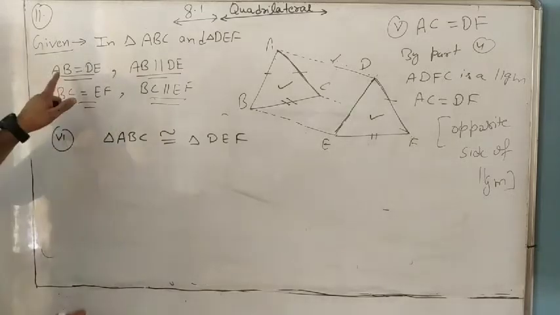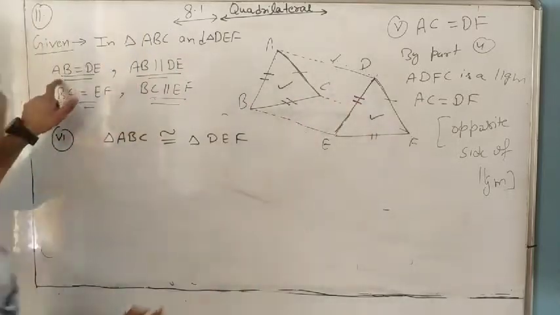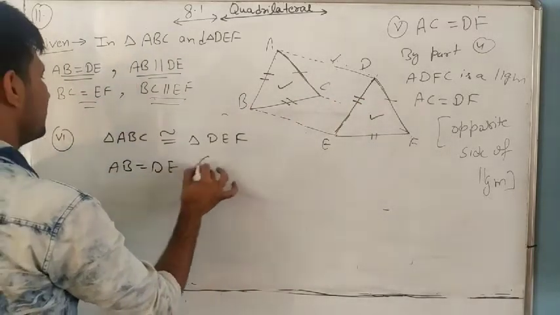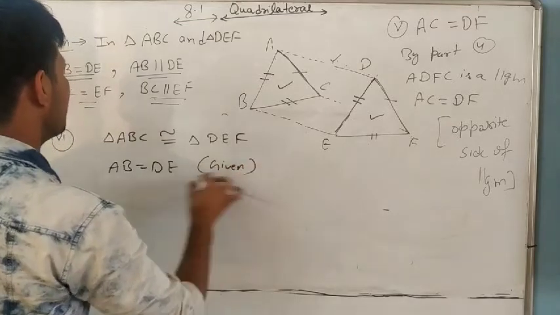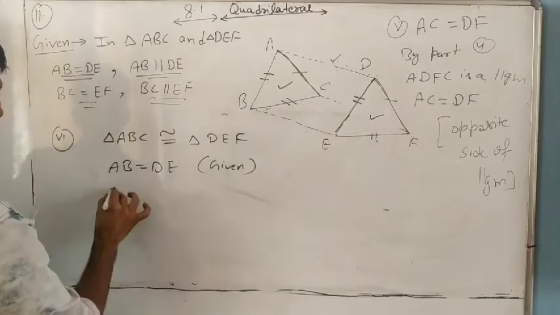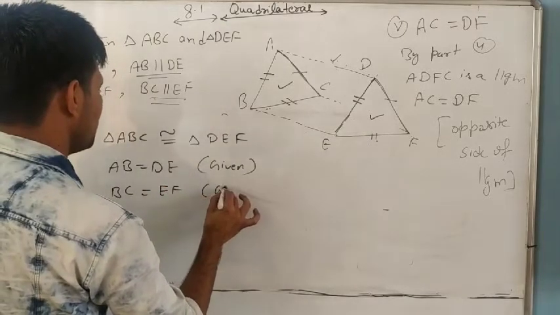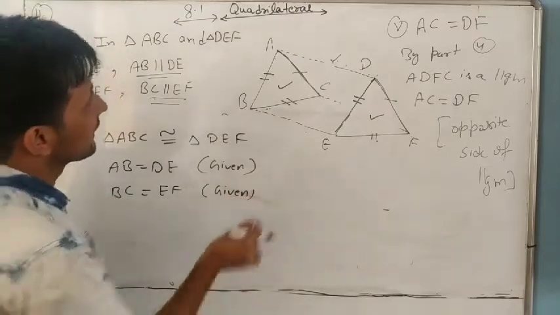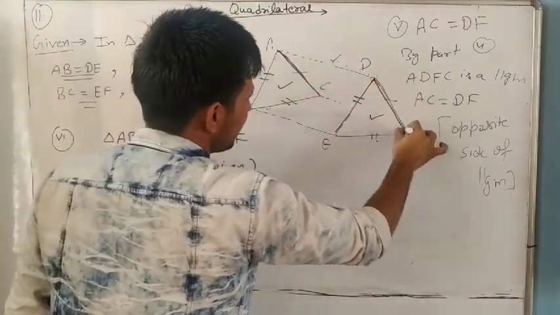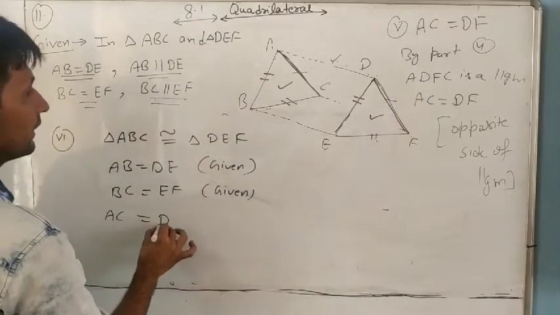It means it is already given in the question that AB equals DE. You will write given. Next, BC equals EF. It is also given. Next, can you say that AC equals DF also? Yes, you can say that AC equals DF.